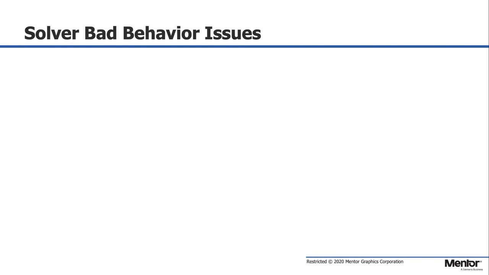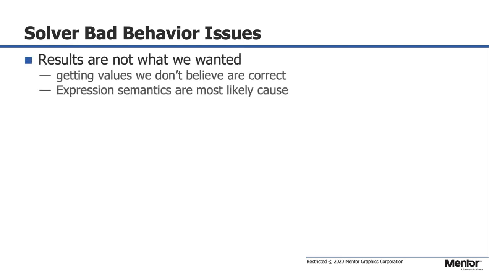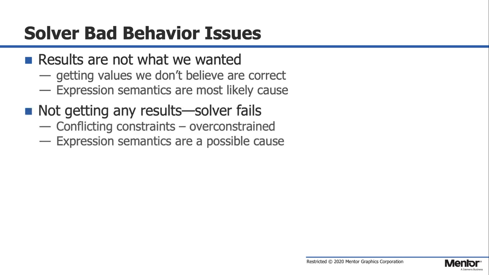So let's go over some solver bad behavior issues. We've seen some examples of getting results that are not what you expected. And we've seen how the expression semantics are the most likely cause of this. It's also possible to not get any results. You get contradicting constraints or over-constrained constraints.